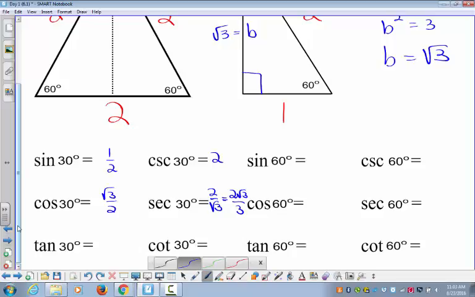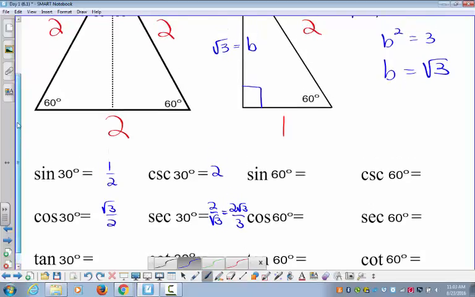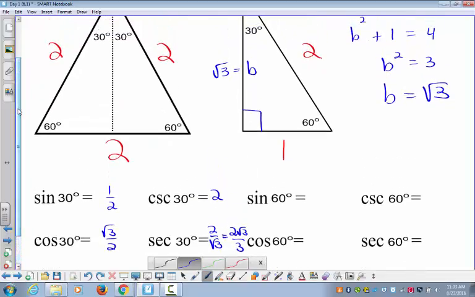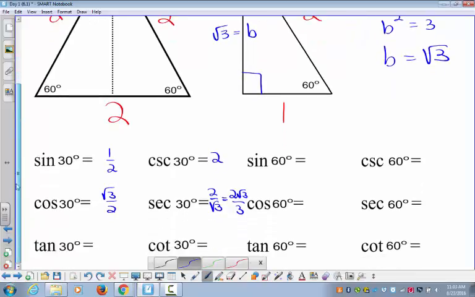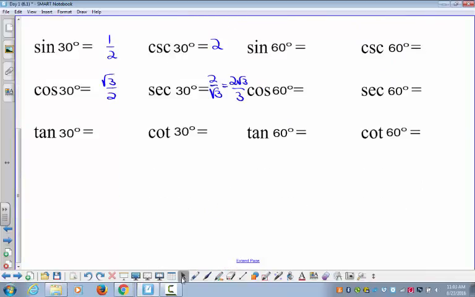Tangent of 30 degrees. Opposite over adjacent, 1 over root 3. If we rationalize that, multiply numerator and denominator by root 3, we get root 3 over 3.